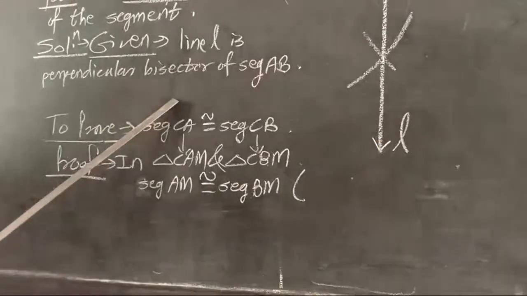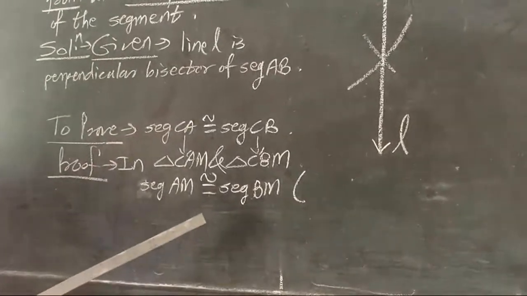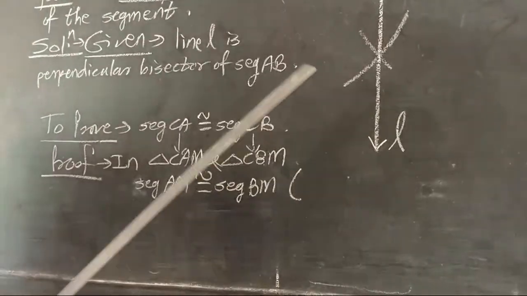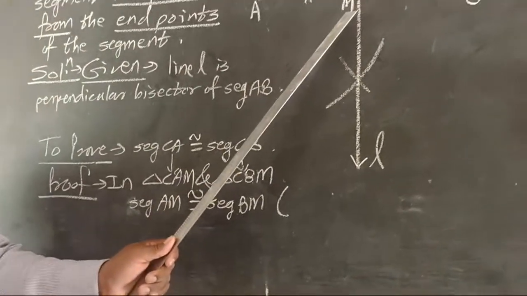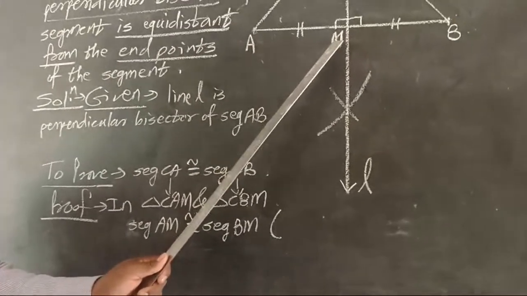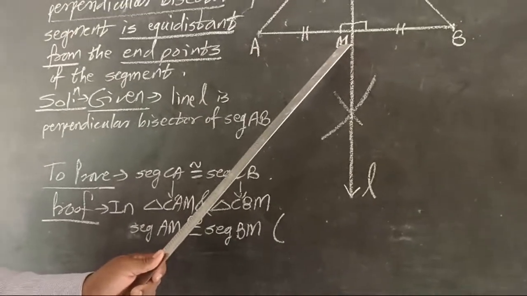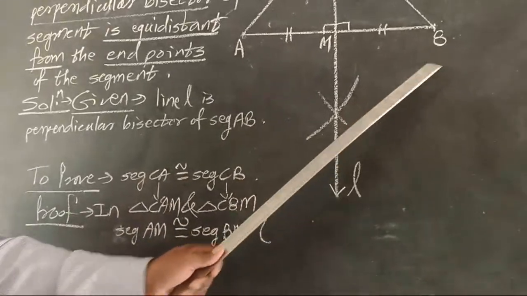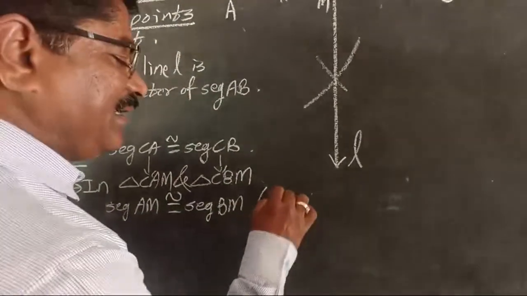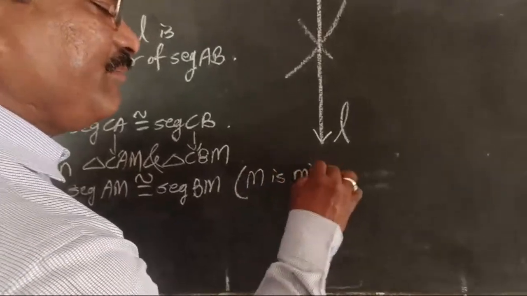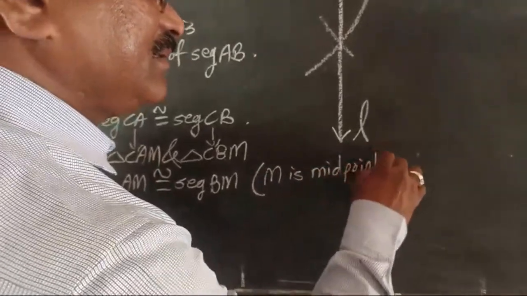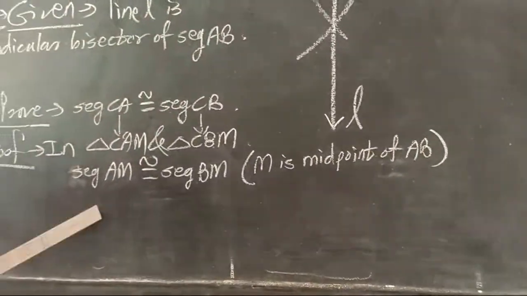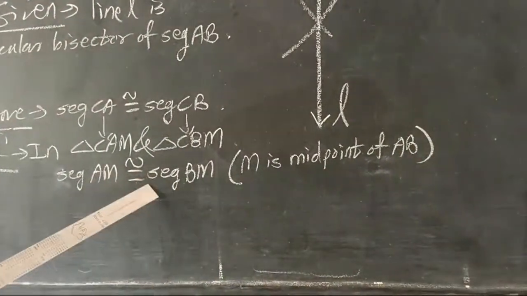Meaning of that given we write there: perpendicular bisector means M is the midpoint of AB. Therefore, two parts are congruent.